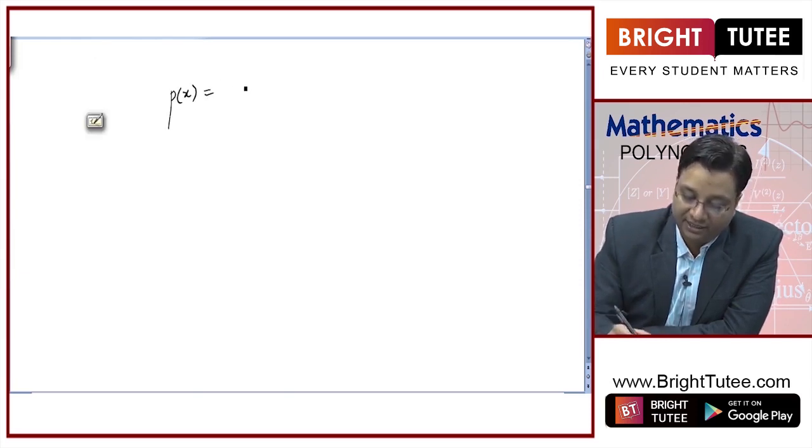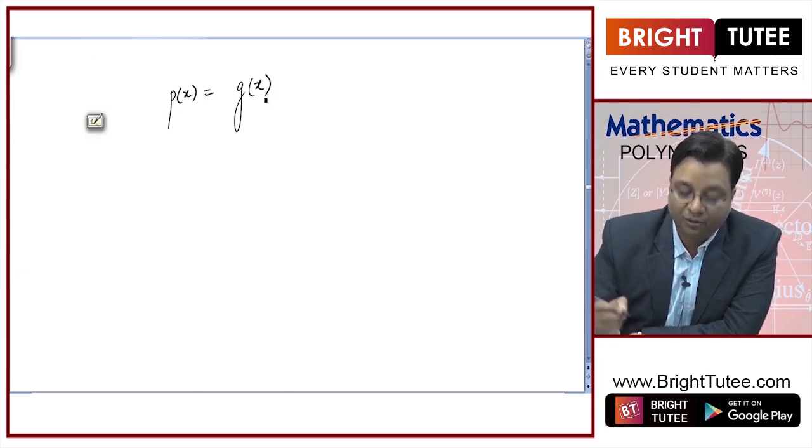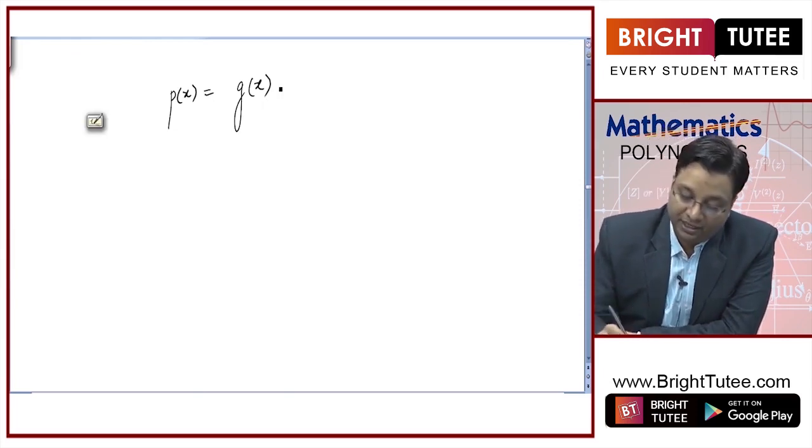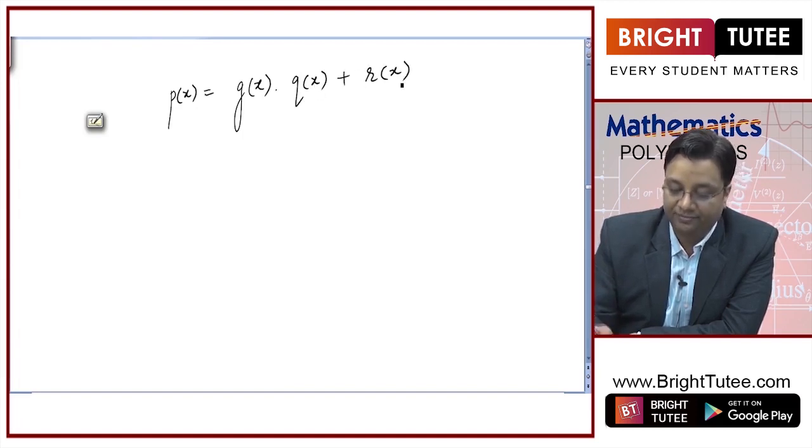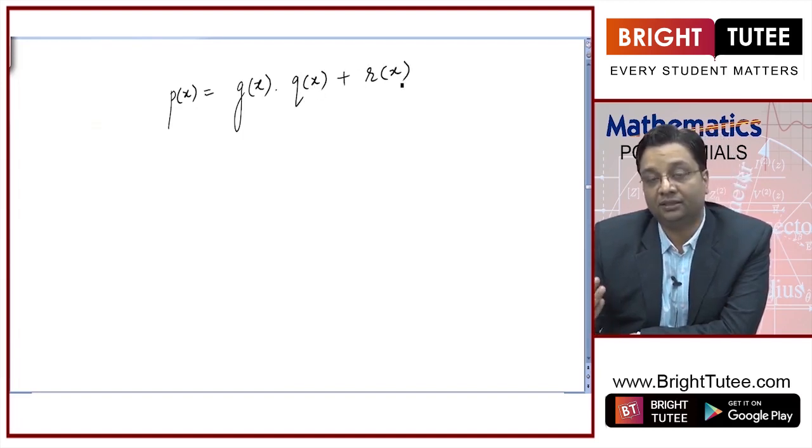Let me remind you, we said that let us say there is a polynomial P of x and it is being divided by another polynomial, G of x, then you will get some quotient Q of x and some remainder, right? This is the process of division.